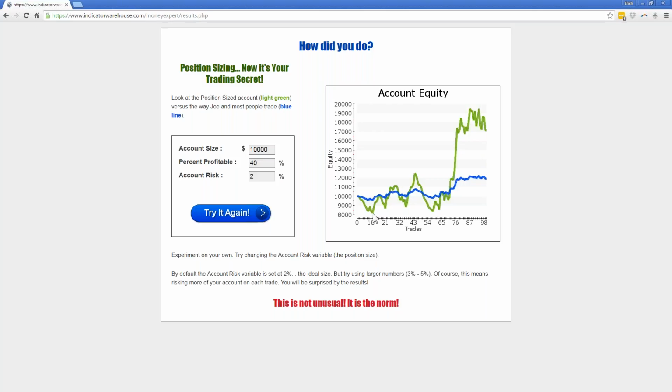Your drawdown was more to the tune of maybe $1,500 to $1,700. But again, at the end of the day, you hit a few winning trades in a row. The position sizing really adds up. And even though you hit a few losing trades in a row, by only containing your risk to a certain percentage of your account, you didn't exaggerate the losses.